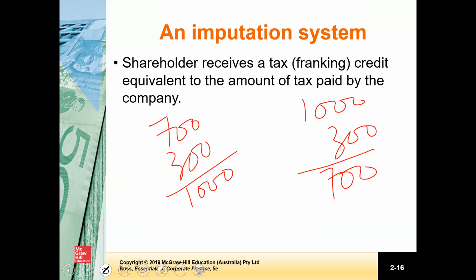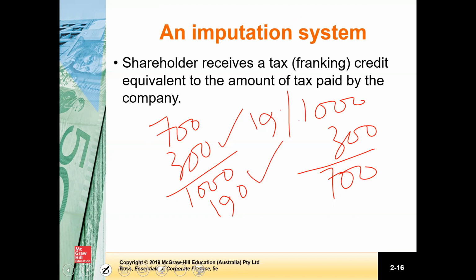Let's now assume that an individual has a tax rate of 19%. So the individual will calculate the tax at 19% on this grossed up amount, which is $190. Now look, the company has already paid a tax of $300. So the investor received this $300 tax credit.